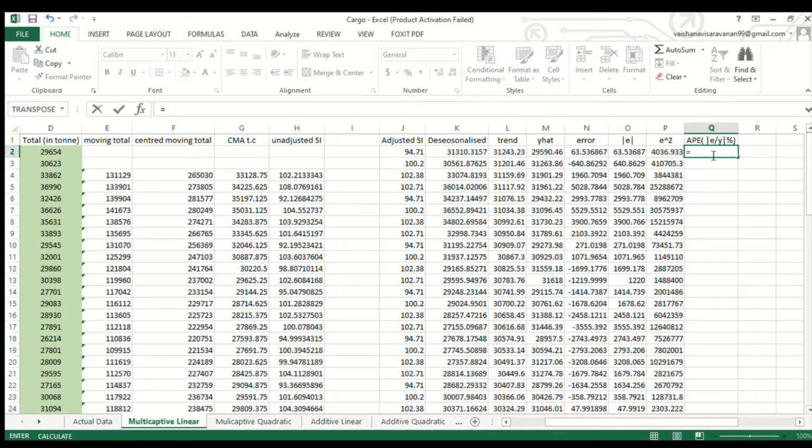As for the formula, we are going to key in ABS in brackets error value, divided by the actual value, times 100.